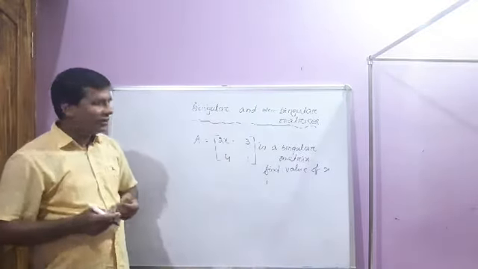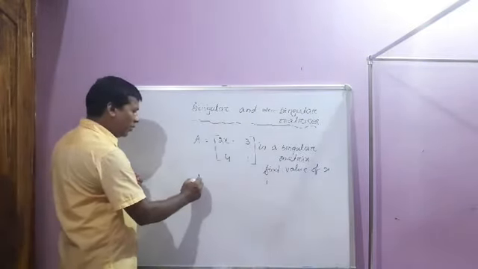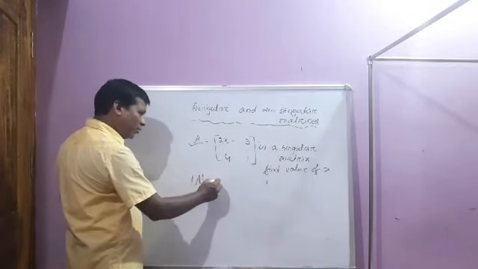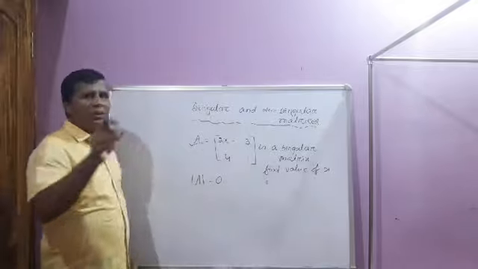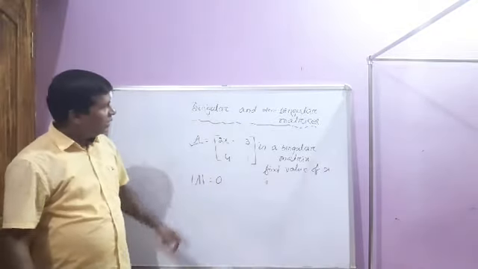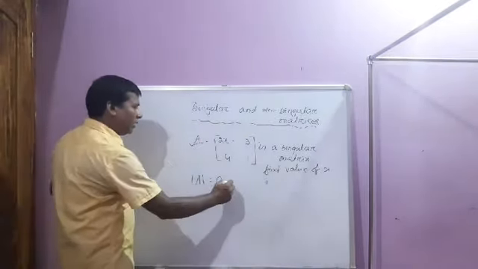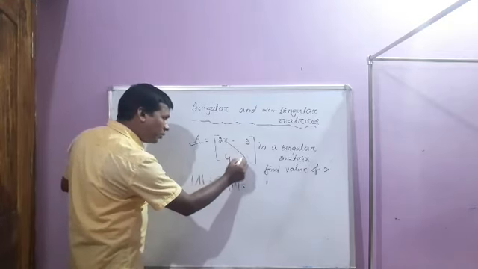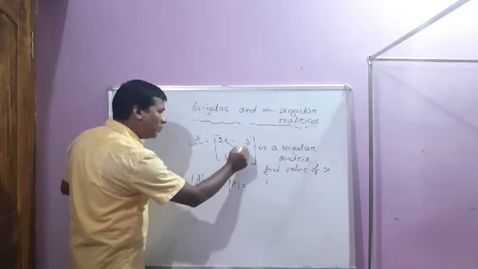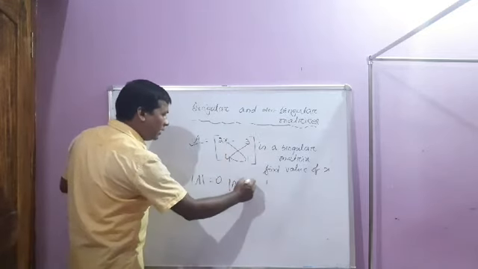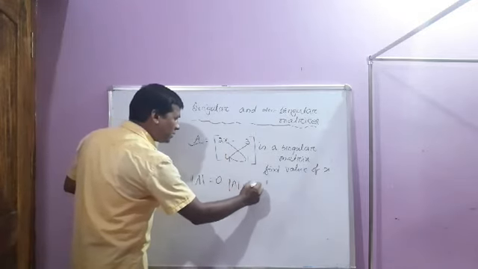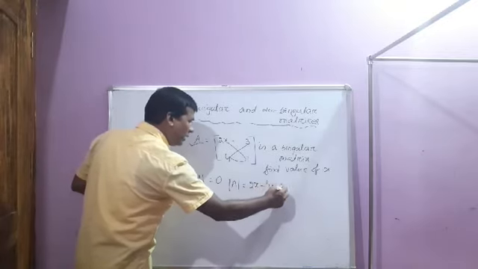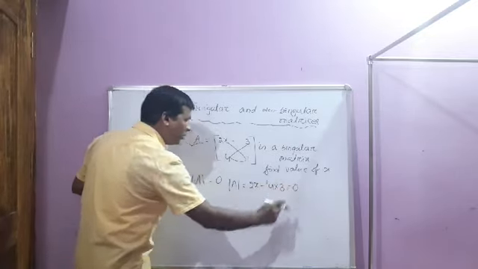According to our definition, the determinant of the given square matrix is equal to 0 if it is a singular matrix. What is that determinant? Now the determinant of this is the cross product of 2x into 1 minus 4 into 3, which must equal 0.